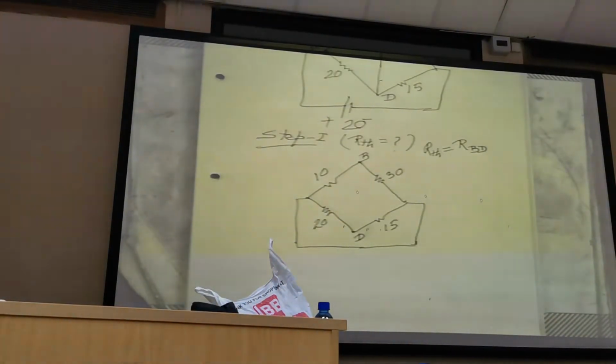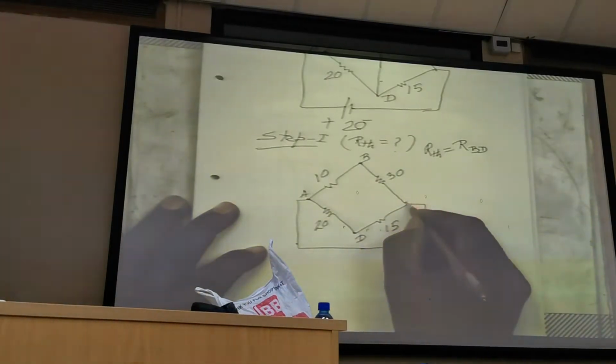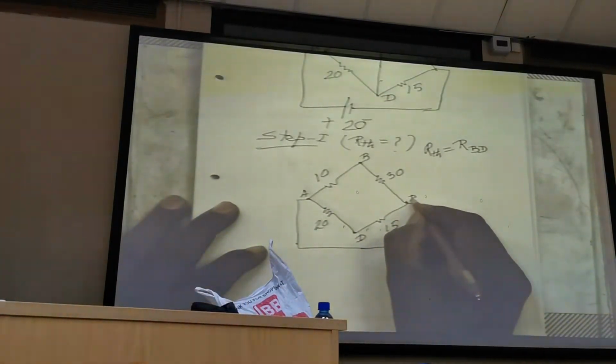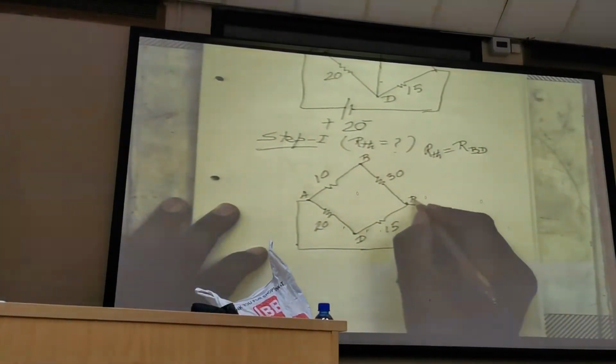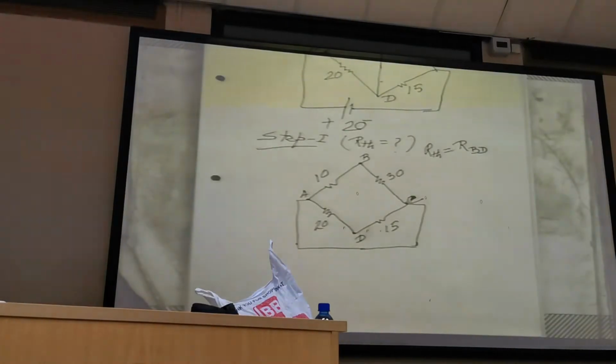Now tell me, this point was A and B, right? Now tell me what is happening between A and C. What is happening between A and C? It's a series. A boy is sitting at A, a girl is sitting at C, and they are getting short circuited.